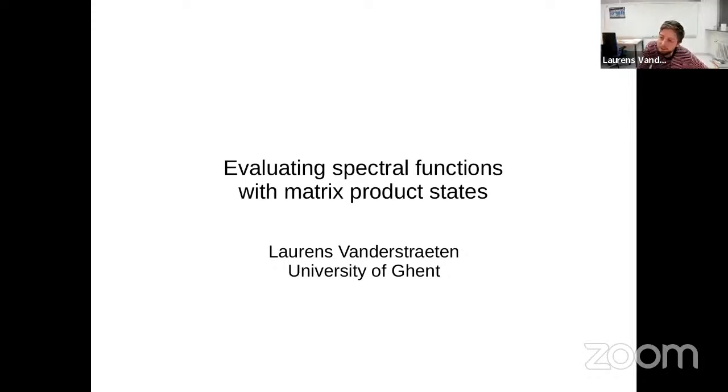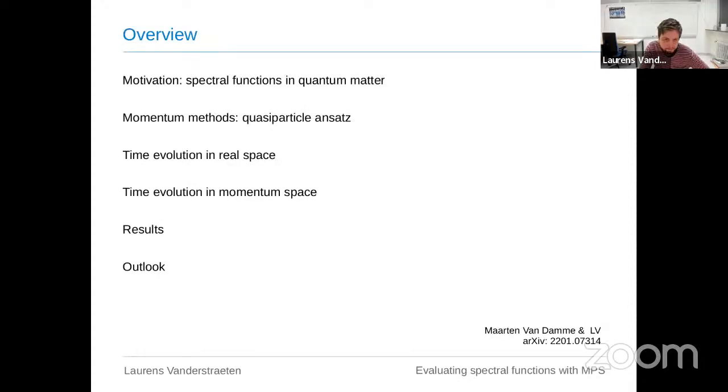Thanks a lot for inviting me to this great seminar series. I'm going to talk about the recent paper that we've written on evaluating spectral functions with MPS. This is the overview of my talk. I will first give a motivation on why we're interested in calculating spectral functions.